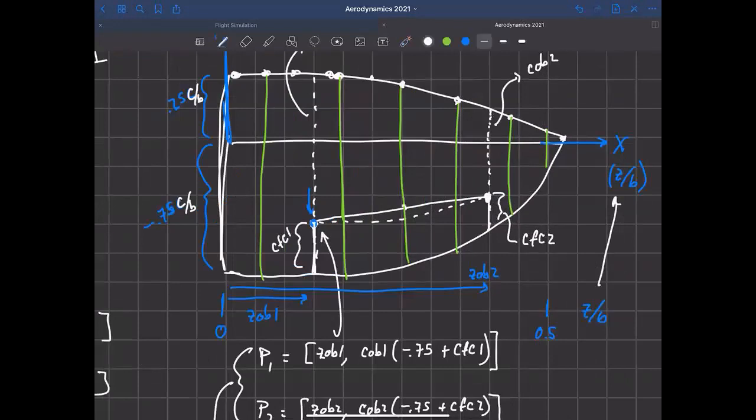So let's look at this guy right here. Let's say that we're working on this location along the wing, and so that equation down there, my slope intercept equation, gives me this point. All right, if I plug that in for z over b, so I've given it the z over b location, how far out I am along this axis, then that equation is going to tell me where that point is.